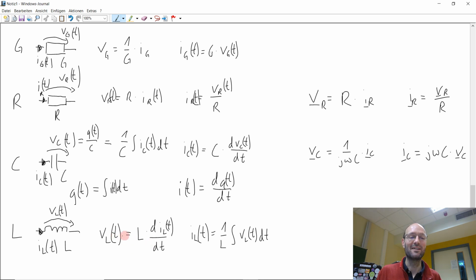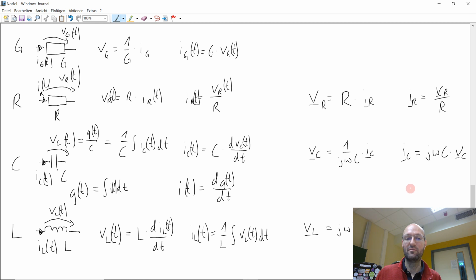For the inductor, if we say the voltage drop across this inductor is a complex phasor, and here we have the time derivative of the current. Time derivative was multiplication with j omega, so we get j omega L multiplied with I_L, the current.